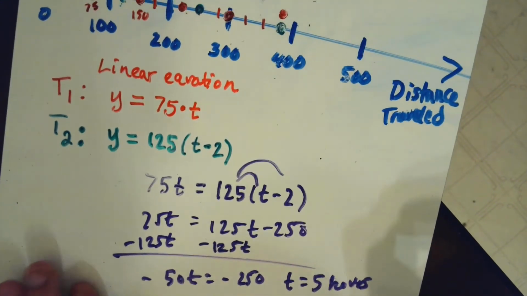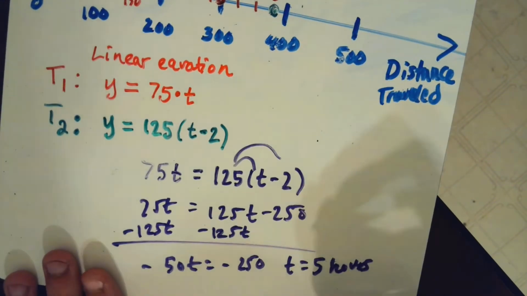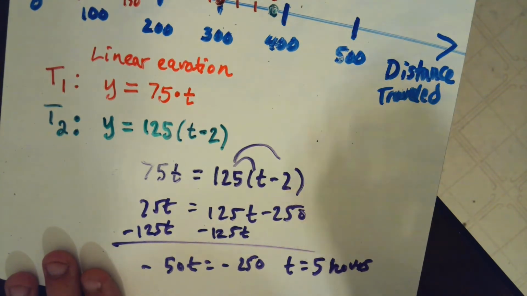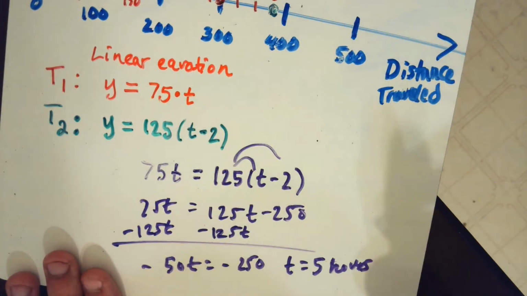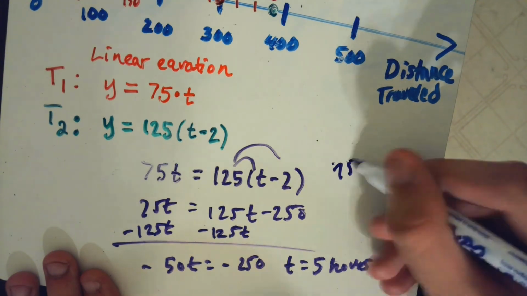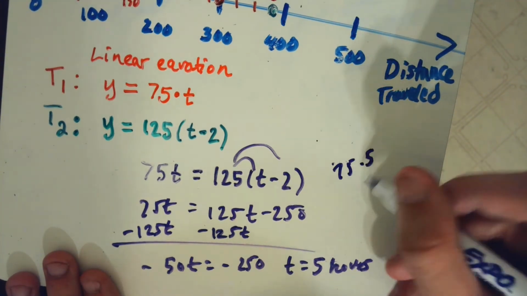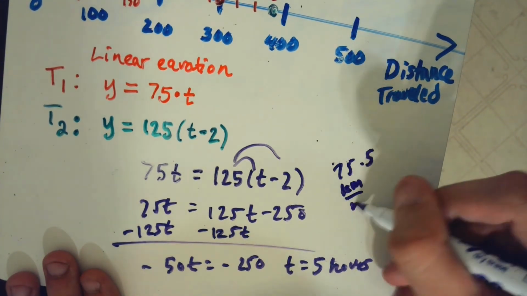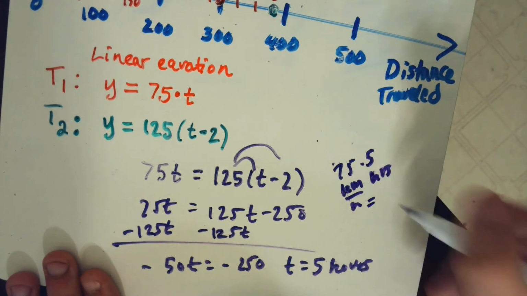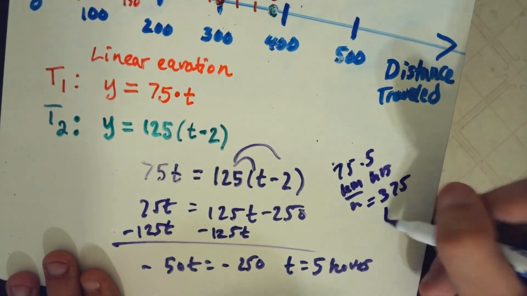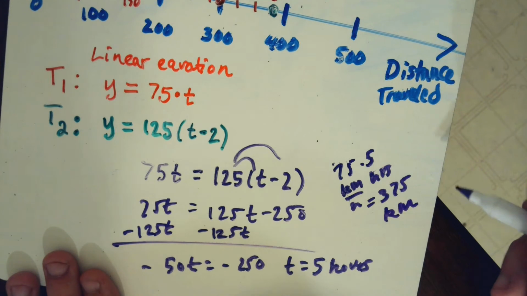Or in other words, the distance traveled would be y equals 75 times 5, so 75 kilometers per hour times 5 hours would be a total distance of 375 kilometers.